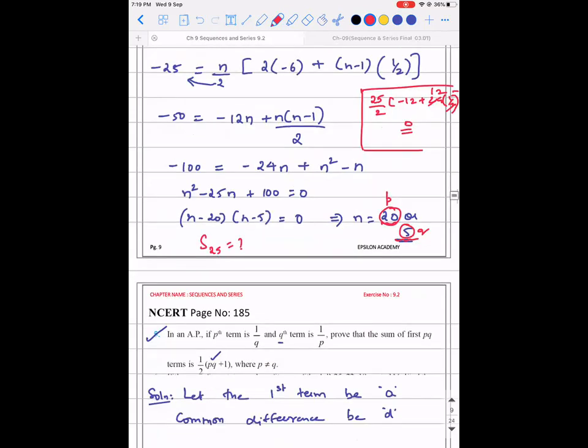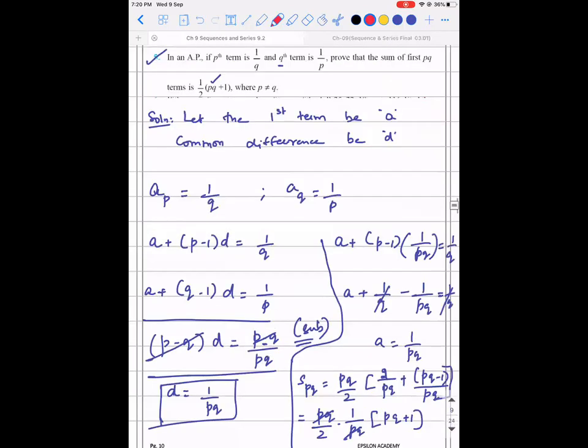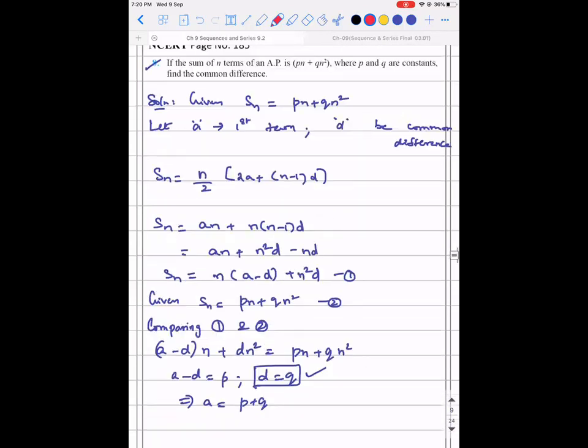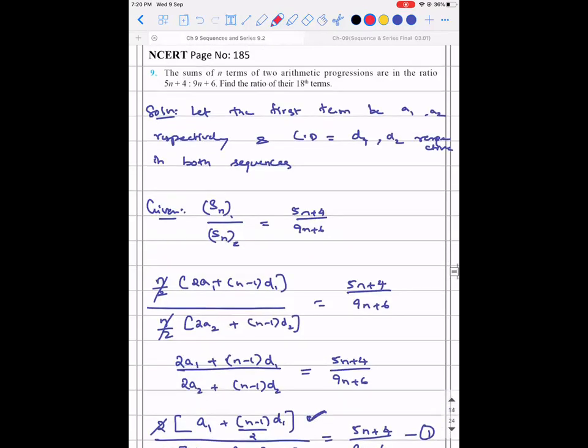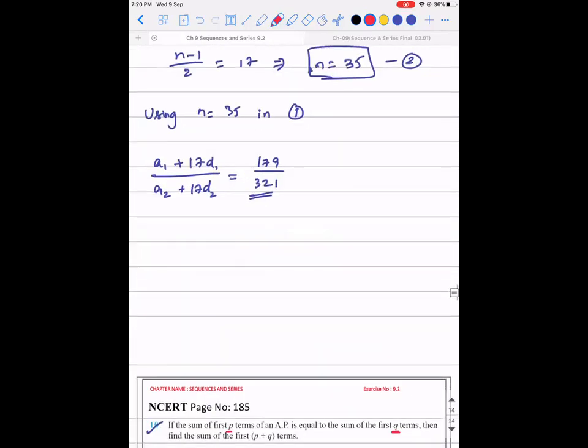If suppose there is a question where they say sum of the first 16 terms is equal to sum of the first 40 terms, then the sum of 56 terms should be 0. That's what the problem says. Okay, it's just for information. You just got a thought, so I wanted to share. If you understand, it is fine. If you don't understand, forget.